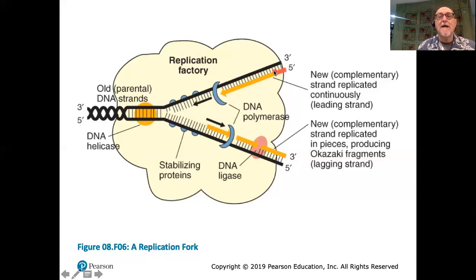We actually need to digest out that RNA primer and replace that with DNA as well. That is done, and again, this is healed up with DNA ligase. But on the lead strand, we lay down thousands upon thousands of bases of DNA before we have to lay down another RNA primer. Not the case on the lagging strand. We have to do it over and over and over again.